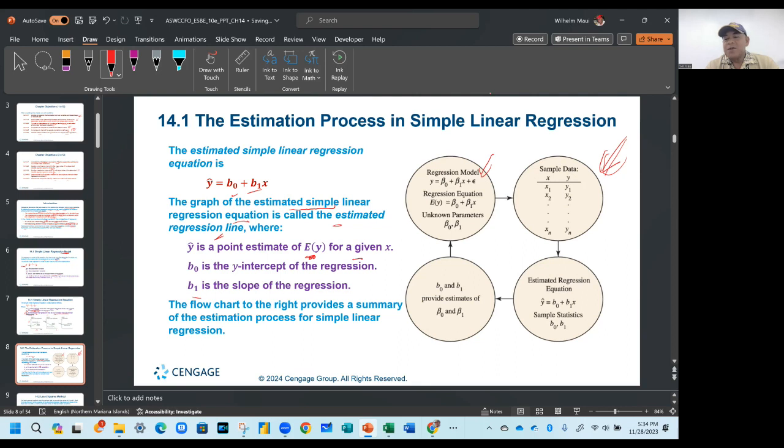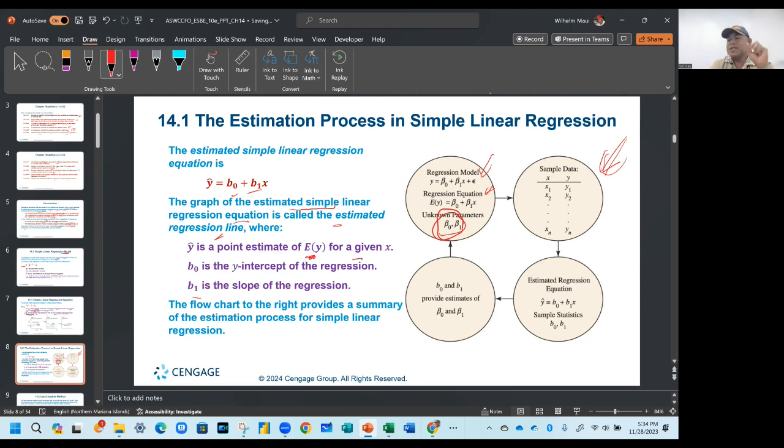To estimate that model, you're going to use the equation, and that equation is going to take this form. What you're interested in is the population parameters, right? But we know it's difficult to get all the population data that would give us those population parameters. So we're sampling.